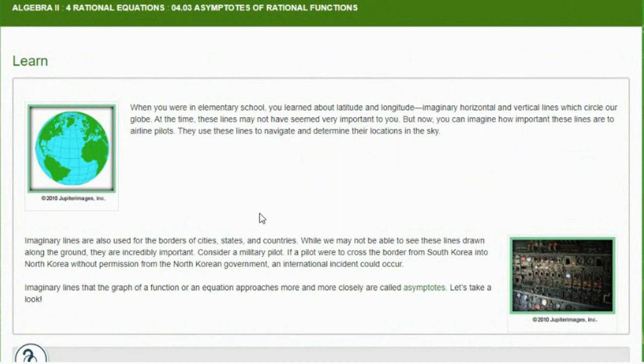When you leave Arkansas and cross into Missouri, there's an imaginary line. We don't actually see it, but if you're standing on the Arkansas side or the Missouri side, there are different laws and different police jurisdictions. Everything's different depending on which side of that imaginary line you're on. So that divides cities, states, countries, counties, all kinds of things.